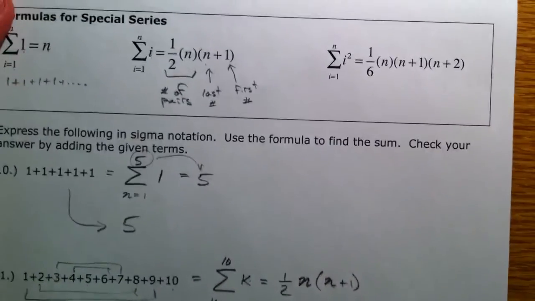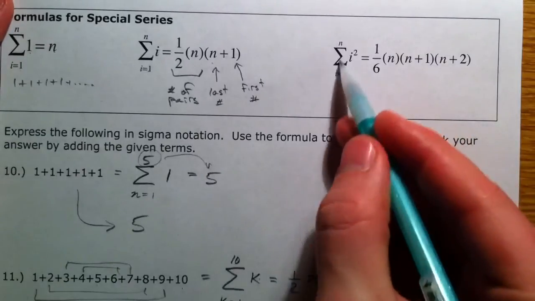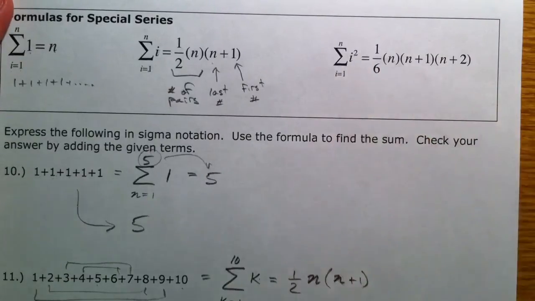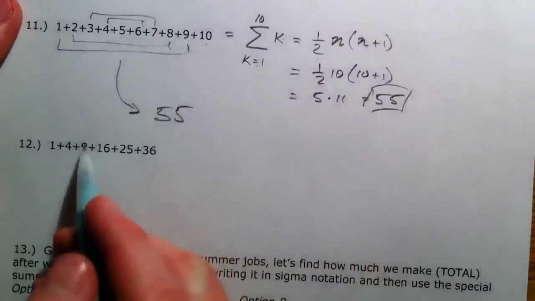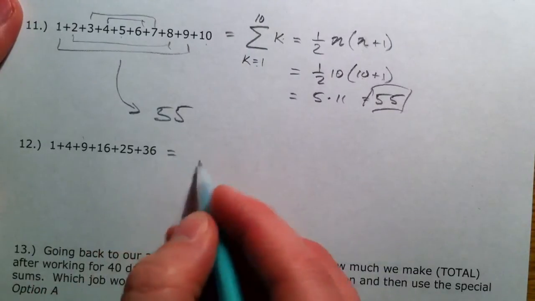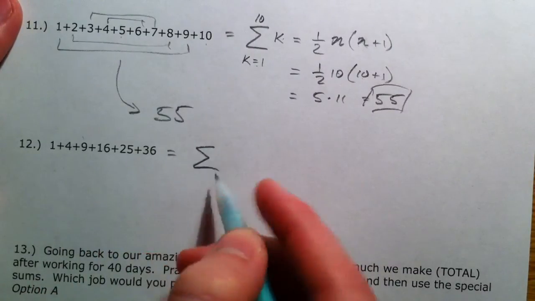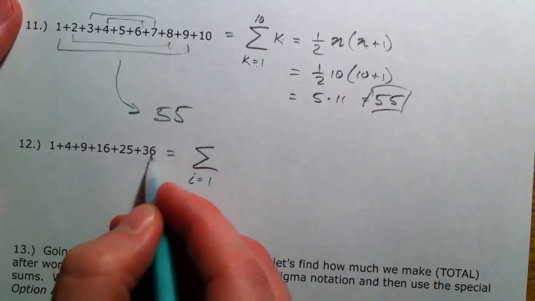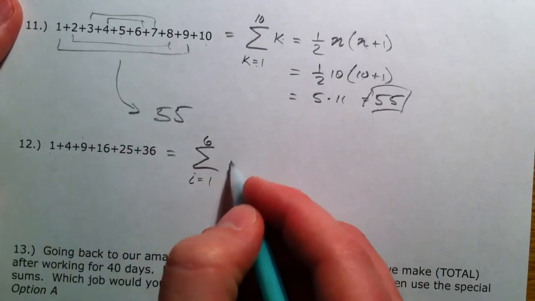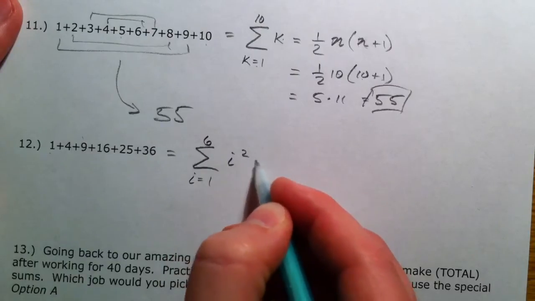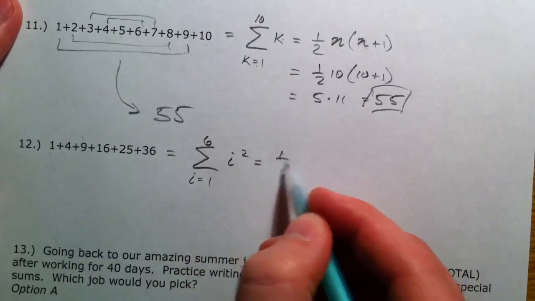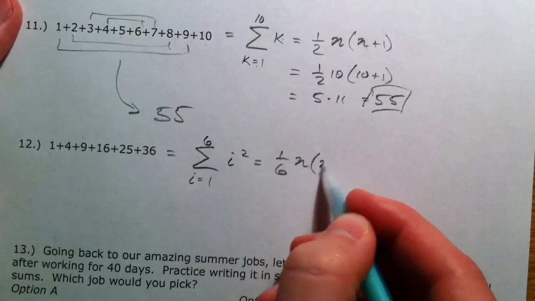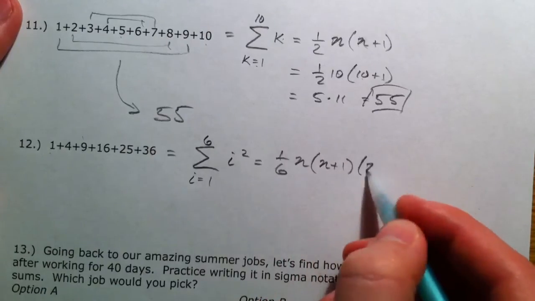And they get more complicated as you start adding all the perfect squares. So if we start adding up 1 plus 4 plus 9 all the way up to 6 squared, what we have here is i equals 1 up to 6, i squared. And so the sum of i squared is 1/6 n times n plus 1 times 2n plus 1.